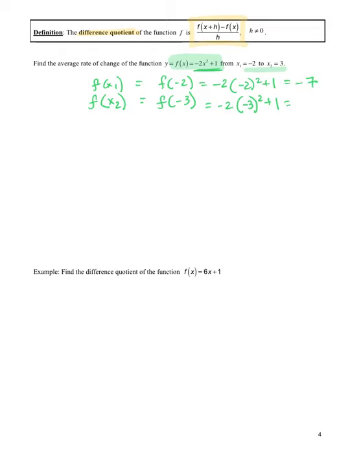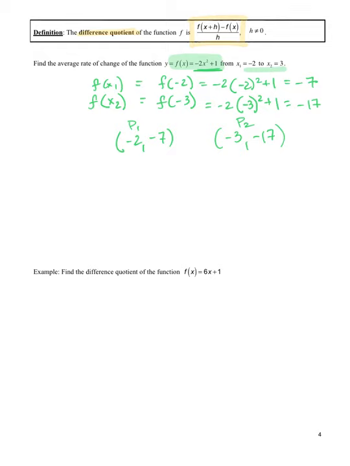If I'm looking at the second x value, -3 squared is 9. 9 times -2 is -18. -18 plus 1 is -17. So I have 2 points. I have the input -2 with the corresponding output -7, and the input -3 with the corresponding output -17. So this is point 1, this is point 2. I'm just substituting into the difference quotient, into the slope formula.